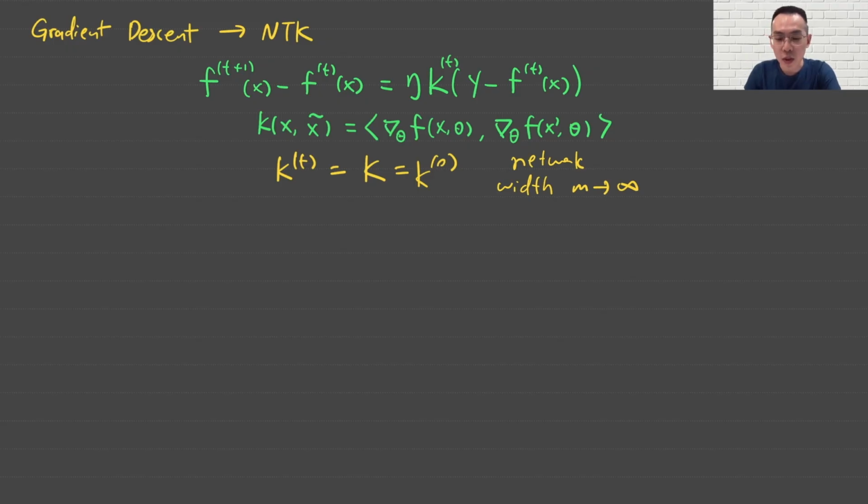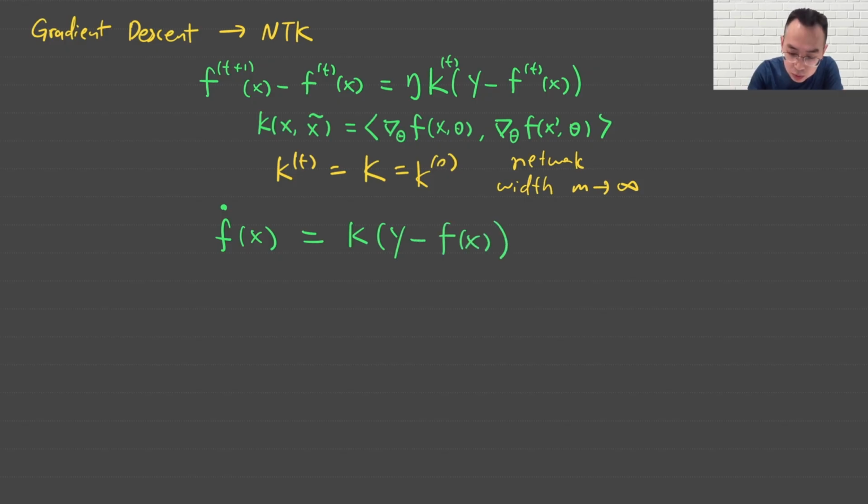And finally, just for a little preview of the next video, we can actually write this equation as a differential equation like this, right? We can move this eta term to the other side, and that can give us an ODE. So it's saying that the derivative of f(x) equals the kernel times (y minus f(x)), right?